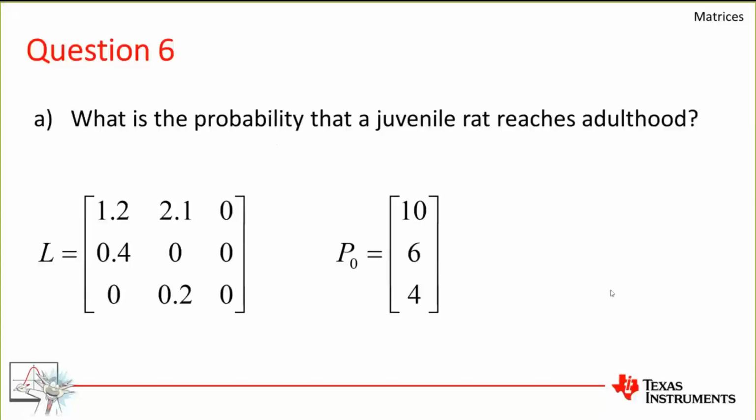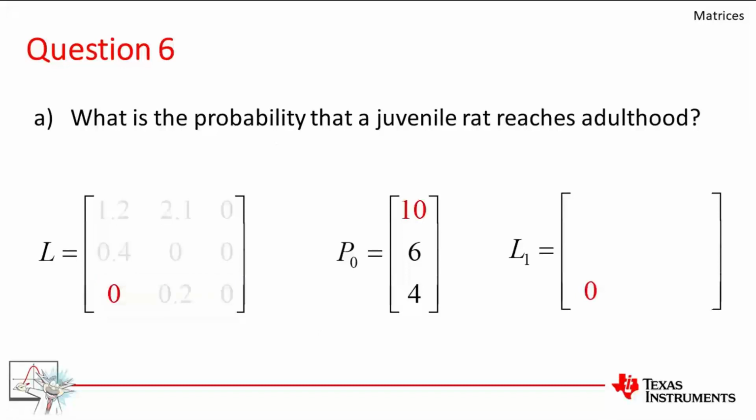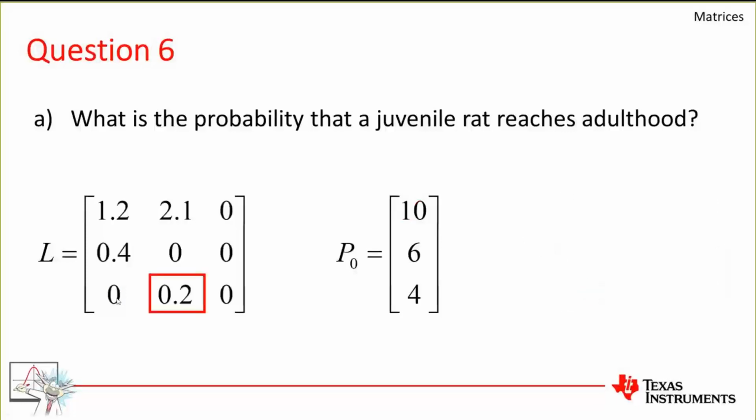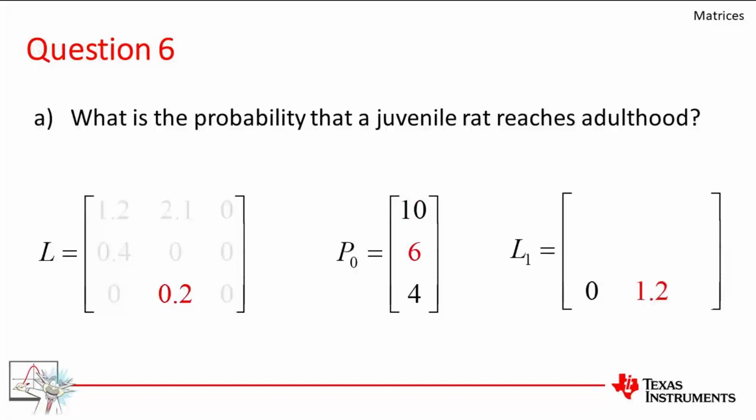The number of rats that transition into adulthood is given by this line here. So, the juvenile rats, 0.2 times 6, and the junior rats, the baby rats, 0 times 10, they don't contribute to the adult population in the very next transition.